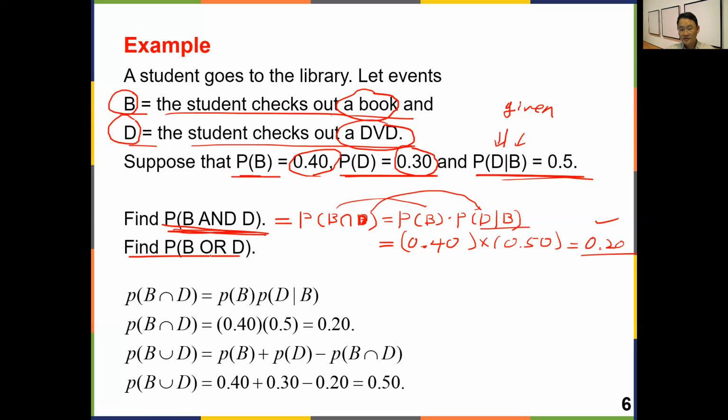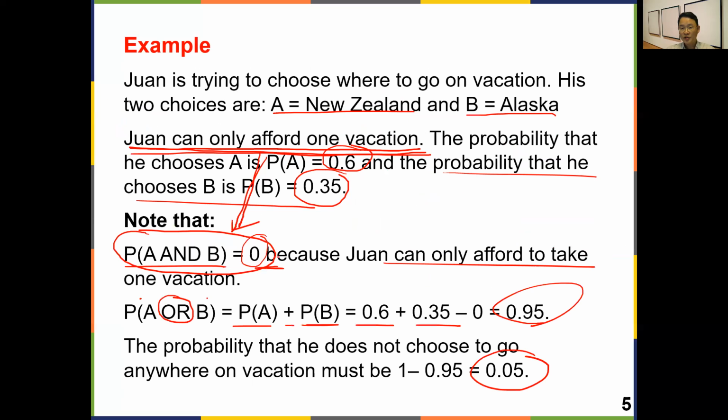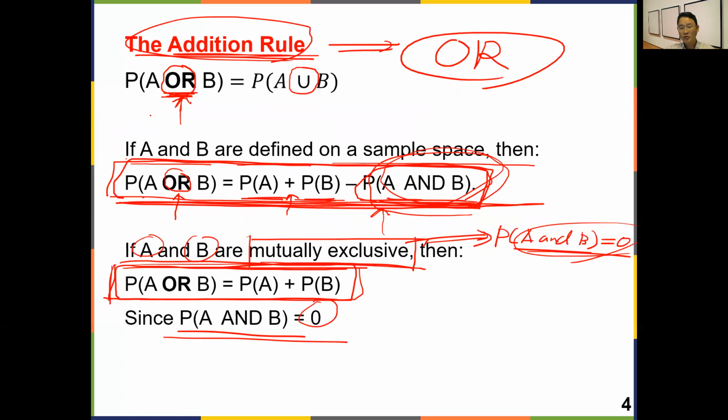Find this, that means probability of B or D. According to the or formula, let me go back to the or right here.